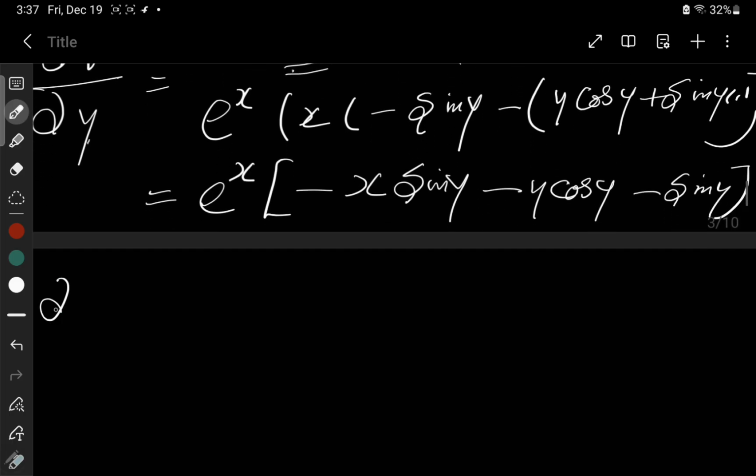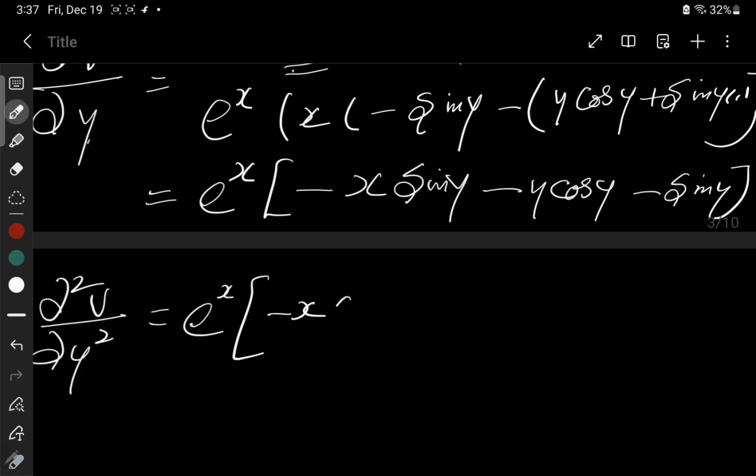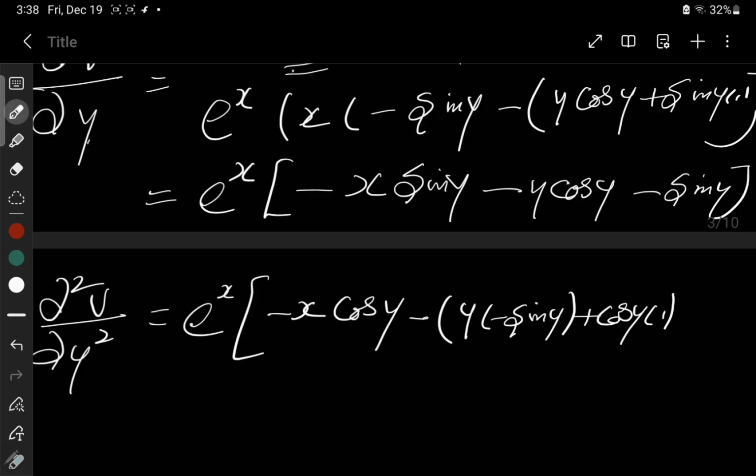Now find dou squared v by dou y squared. Again, differentiate v with respect to y. Here e power x is constant, minus x, differentiate sin y, you will get cos y. Minus, uv method: keep y, and cos y is minus sin y, plus cos y, differentiate y, you will get 1, minus differentiate sin y, you will get cos y.